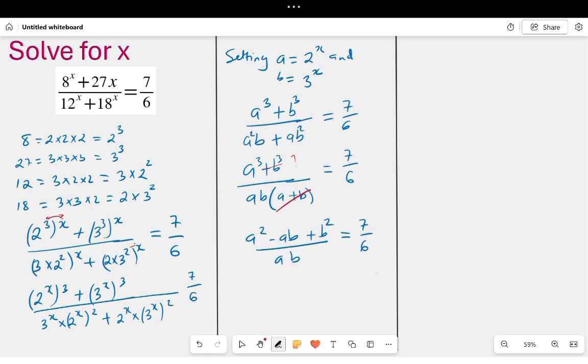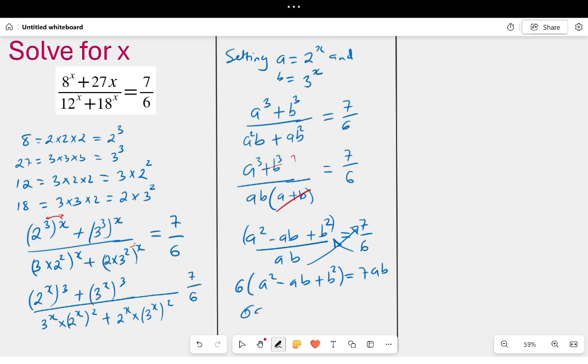Okay, now in this case, our next step, we are going to do cross multiplication. So 6 you multiply by all that you have over here, and ab you multiply by all that we have up there. So it's going to be 6 into brackets a squared minus ab plus b squared is equal to 7ab. Open the brackets here.